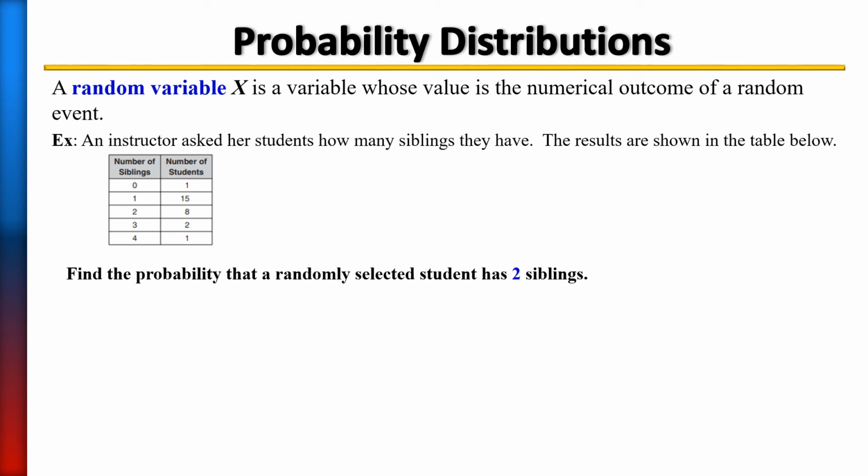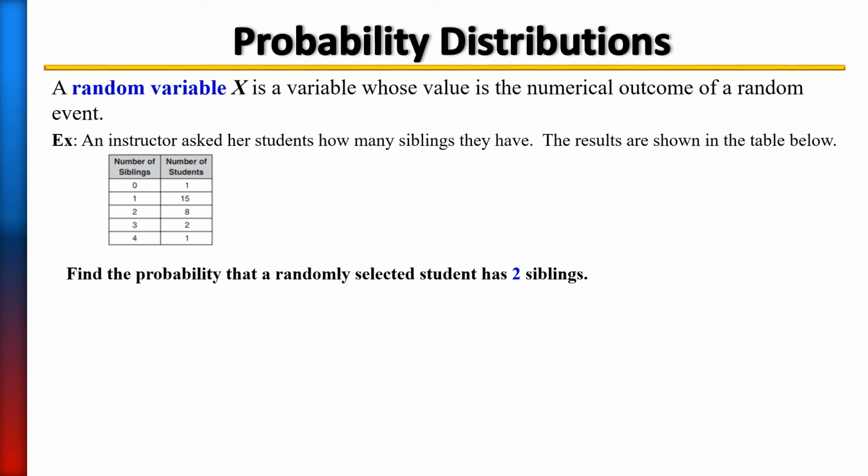Now, in this probability distribution table, the random variable x can equal 0, 1, 2, 3, or 4. So if you look at the table, the value x equal to 2 is paired with 8 outcomes.